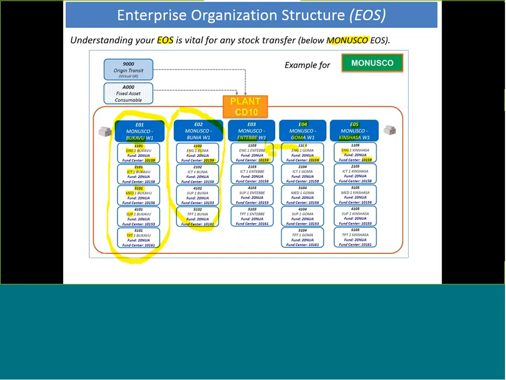So, for example, in the warehouse of Goma, that is with code E04, we have stock from different owners, from engineering, from CITS, medical, supplies, and transport. So the physical location of all this stock is managed in warehouse E04. All right?